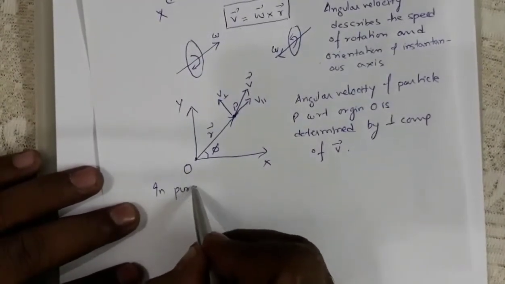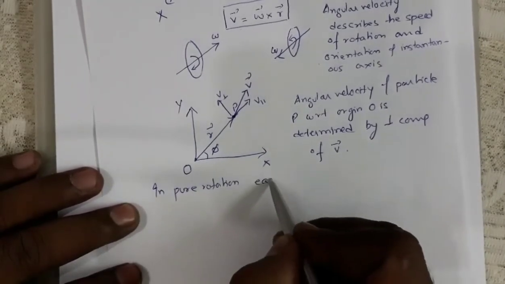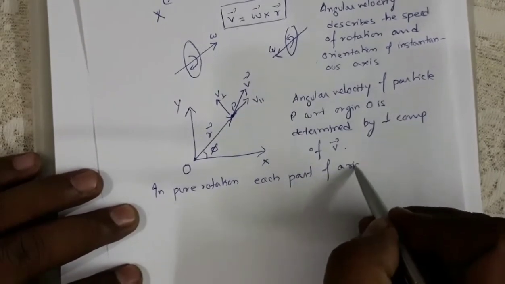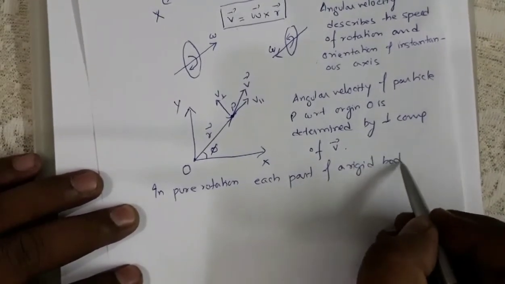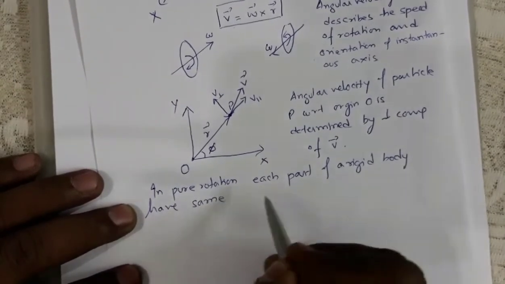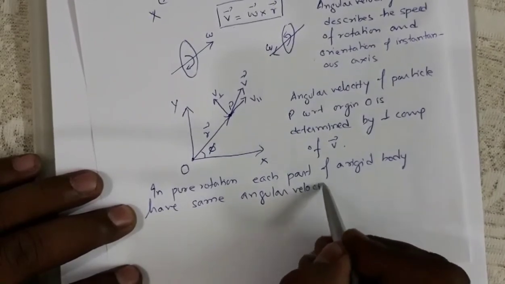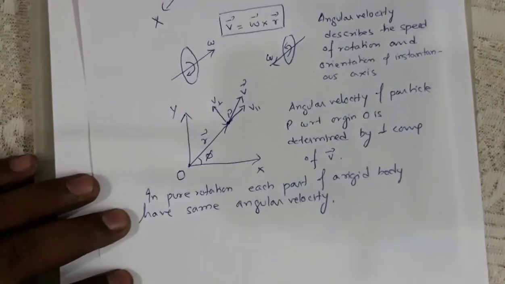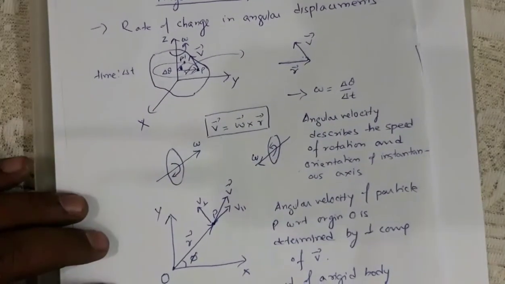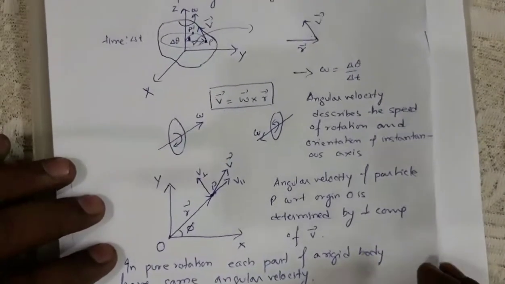In pure rotation, each part of a rigid body has the same angular velocity. So these are the concepts which you need to be very clear with reference to the topic angular velocity.